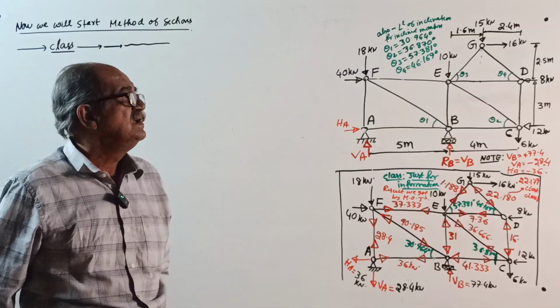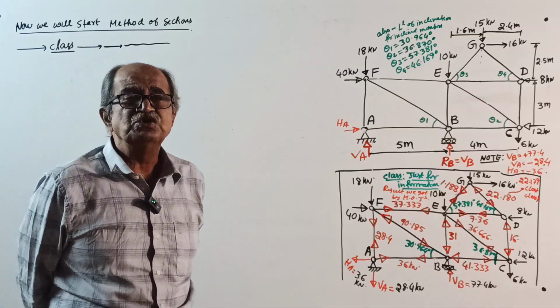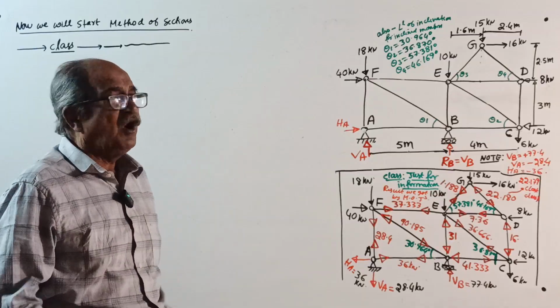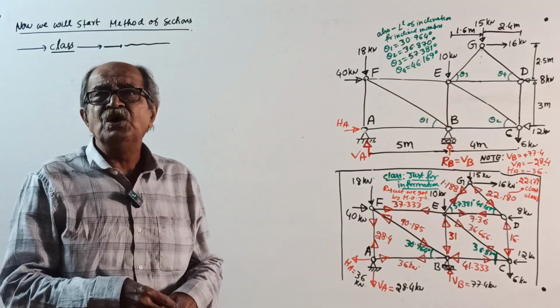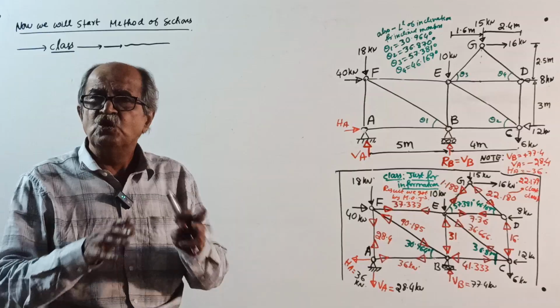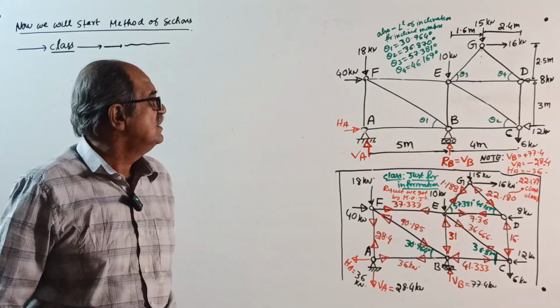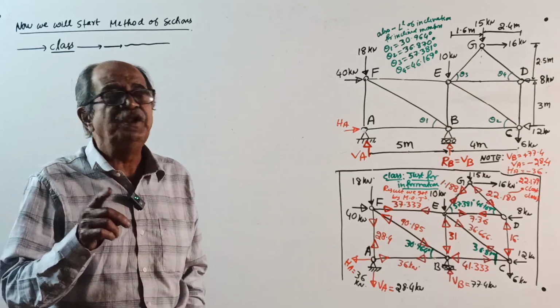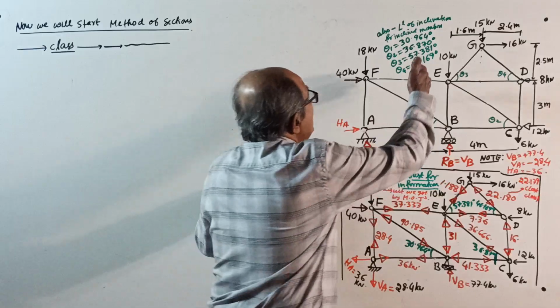Method of section is not used to find forces in all members. If you want forces in all members, ideally it is method of joints. Nobody will go for method of section. So method of section is very important when you need forces somewhere in between.